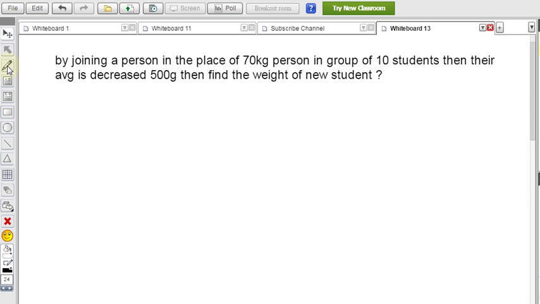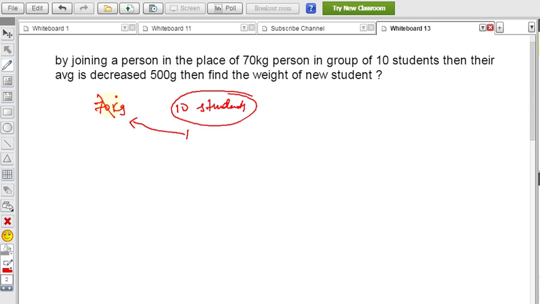So it is a little interesting question. The thing is, a person is joining in the place of the 70 kg person. There are 10 students, and in these 10 students one person is a 70 kg student. One more student is joined in the place of the 70 kg student.